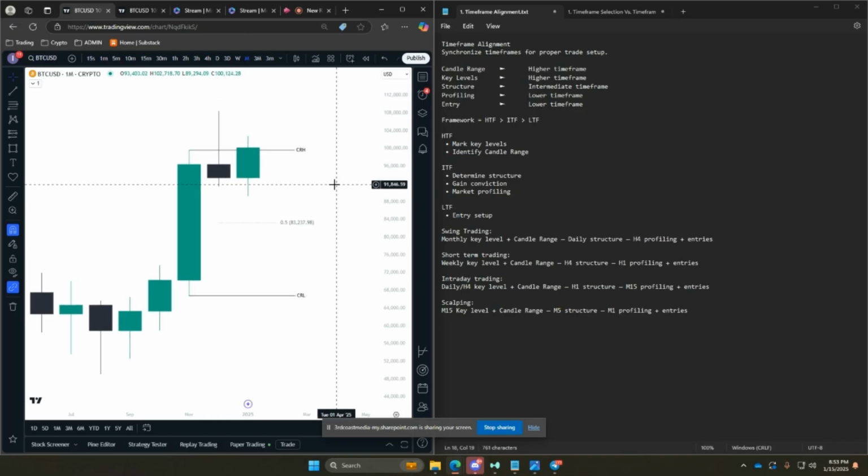So once you've identified the HTF key levels, or the higher time frame key levels, or in this case, maybe we have a candle range to work with, we then want to move to the next step and try to determine the structure so that we can gain conviction.